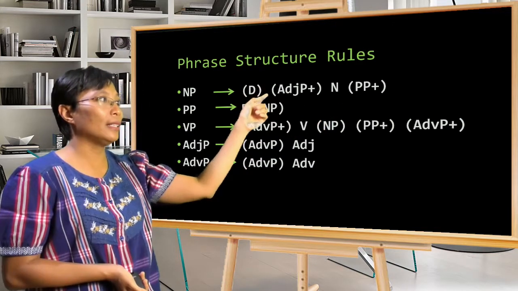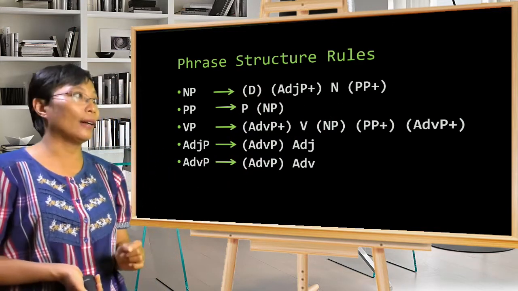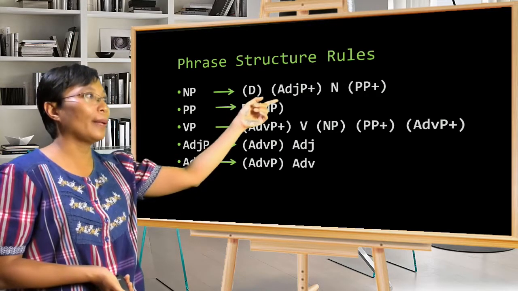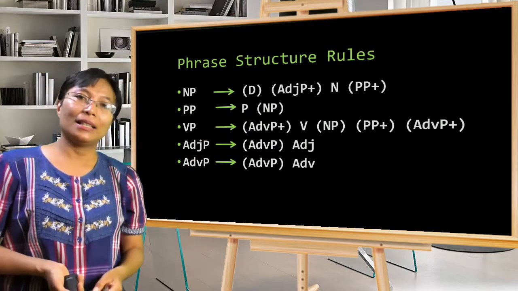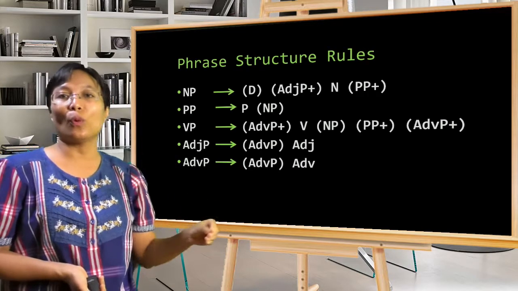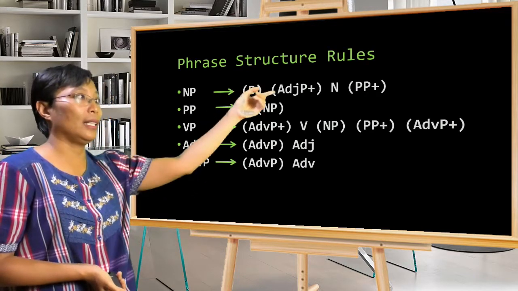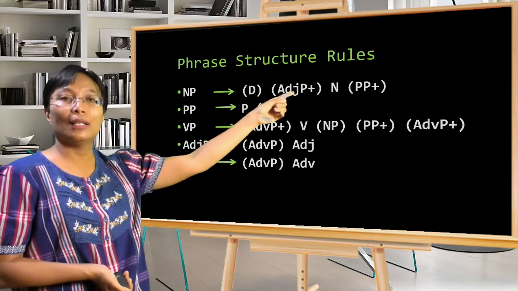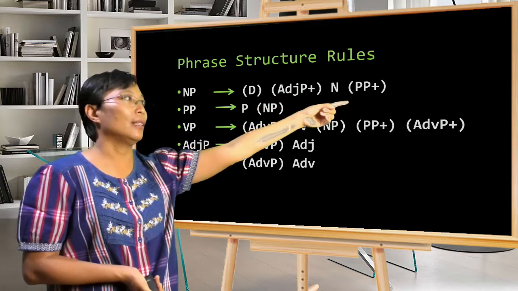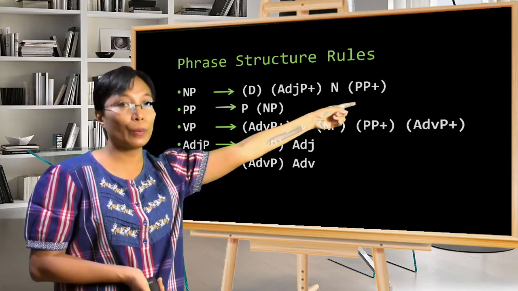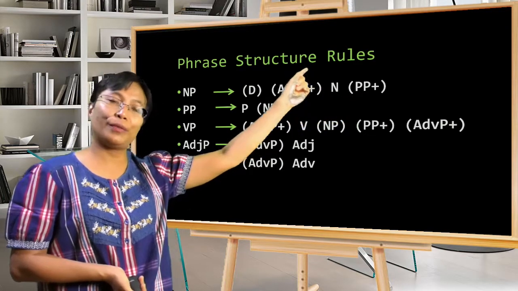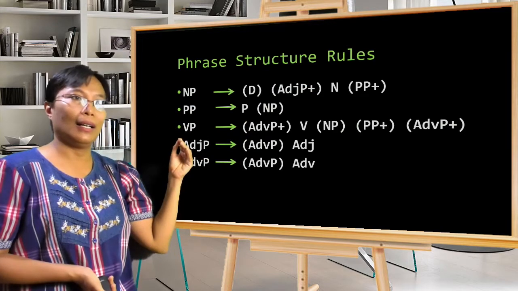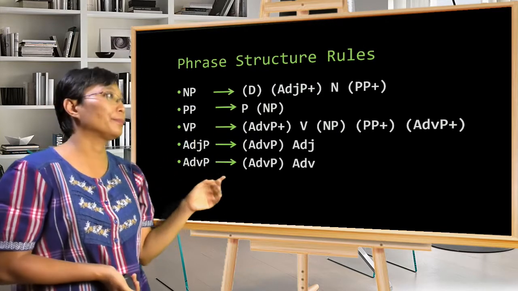Here, the brackets indicate that they are optional, and the plus indicates that you may have one or more than one element. In this example, we may have one, two, three, or four adjective phrases, and then one, two, or three prepositional phrases like in the previous examples.